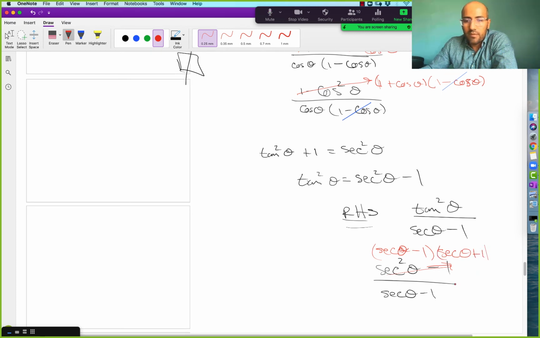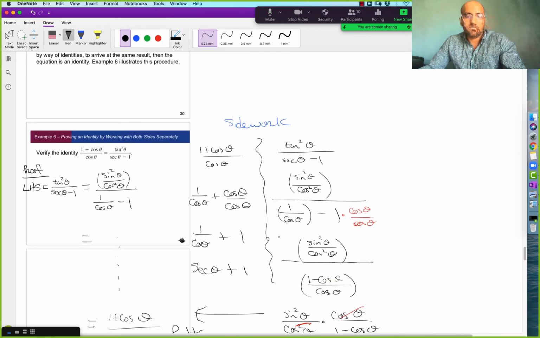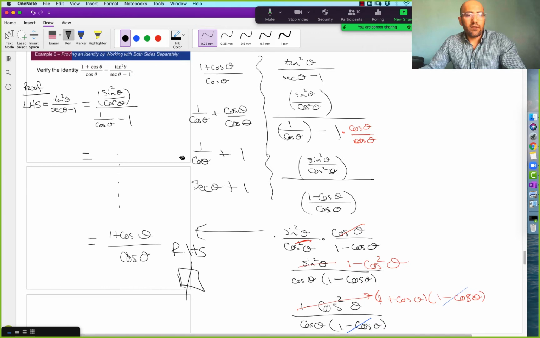Good. And now this cancels with this one. So we just end up with secant theta plus 1. And then on the other side, we had cosine of theta over 1 plus cosine of theta.